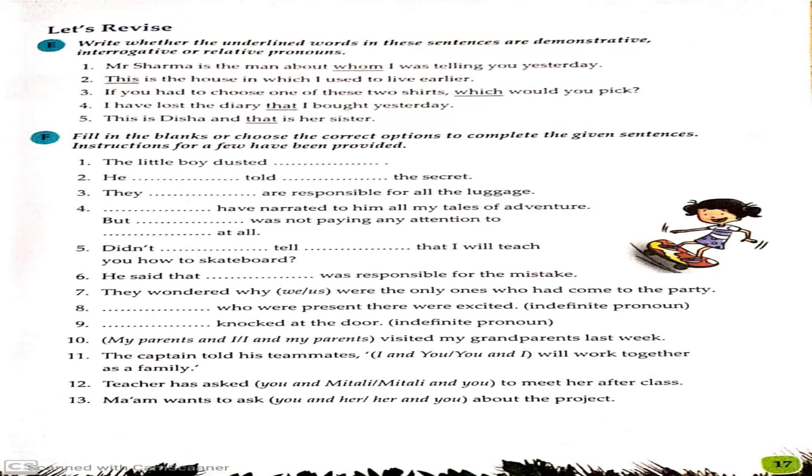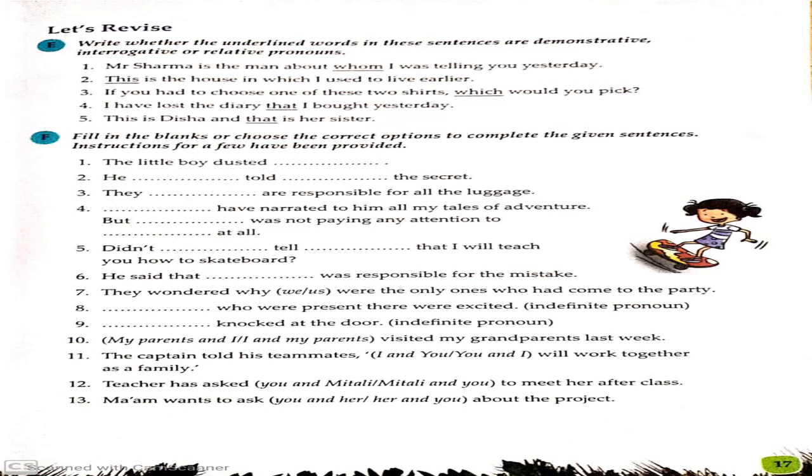If you had to choose one of these two shirts, which would you pick? The easier way to find out whether it is interrogative, demonstrative or relative is that you can see a question mark at the end of the sentence. So that means it is an interrogative pronoun.